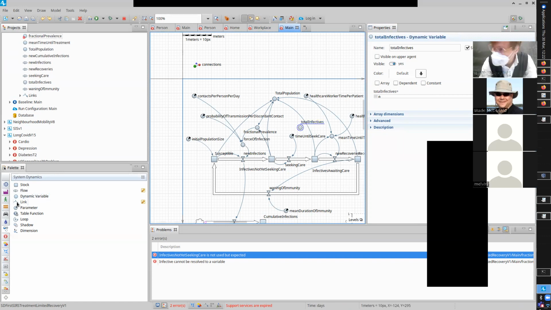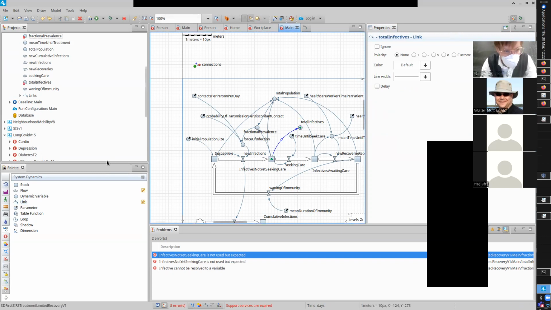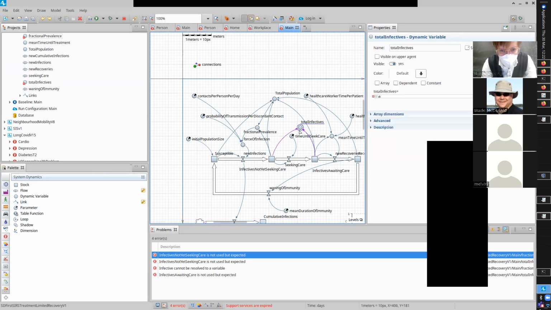Okay, great. And we're going to have total infectives from each of these. That's great. Excellent. Total infectives. And so we're going to have infectives not yet seeking care plus what? What's the other part?